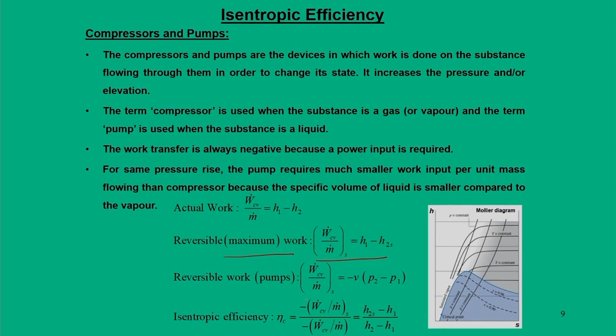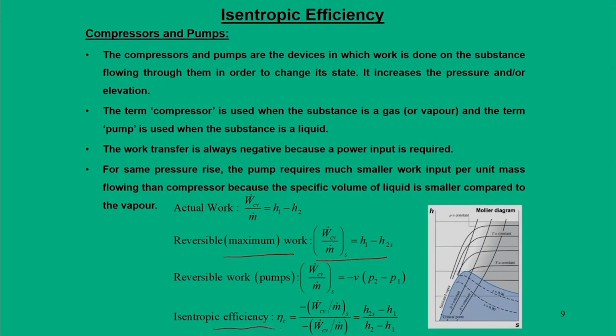If internal irreversibility is present, then pump work will be higher. So, when you define the isentropic efficiency for compressors, the numerator represents the isentropic work and the denominator represents the actual work.